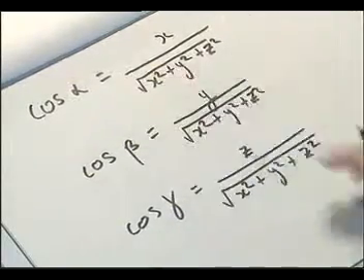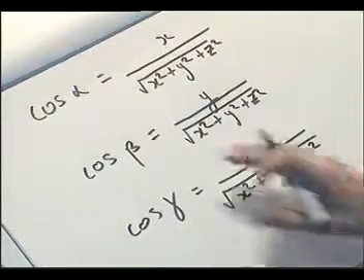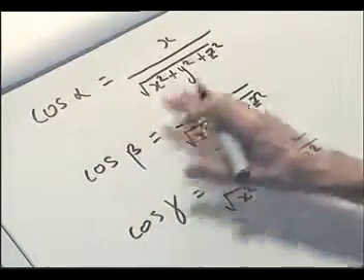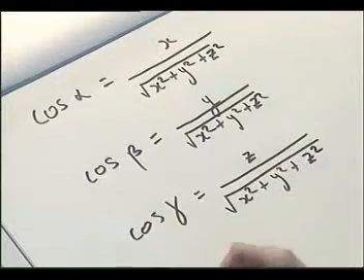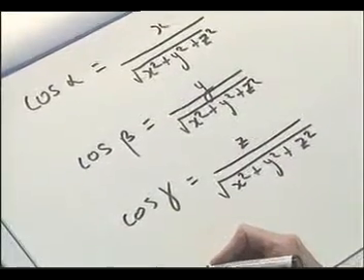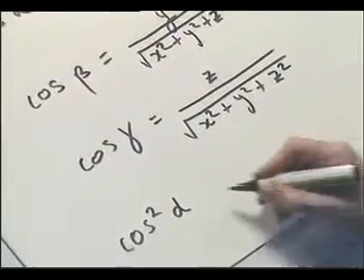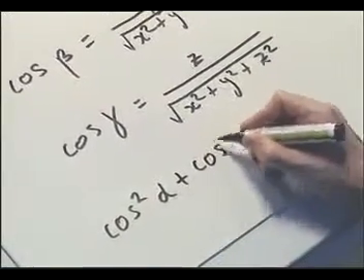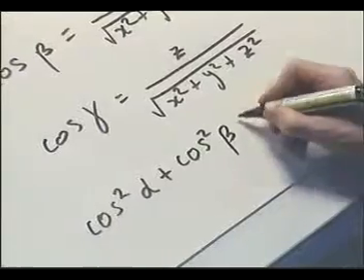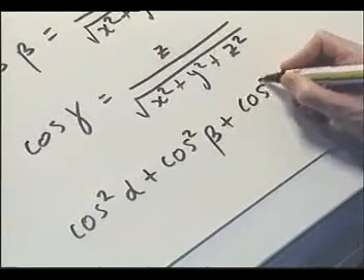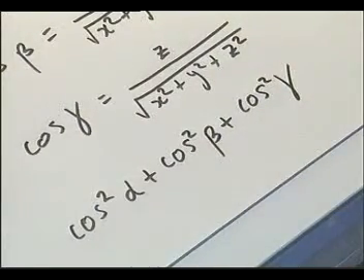But there is something that we can notice about them. What happens if we square them and add them? So what do we get if we take cos squared alpha plus cos squared beta plus cos squared gamma? So let's just calculate this expression.